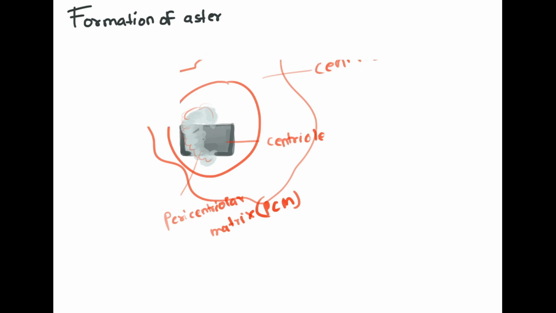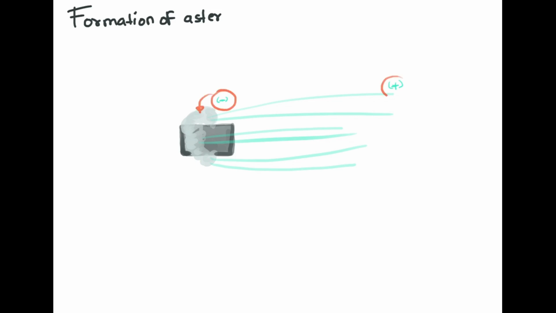Now, look at how there is a projection of mitotic spindles outside. Mitotic spindles are nothing but microtubules, so they project out of the pericentriolar matrix in this form, and usually their minus end is associated with the matrix, and the plus end is the one projecting outside. Now, why is that so?